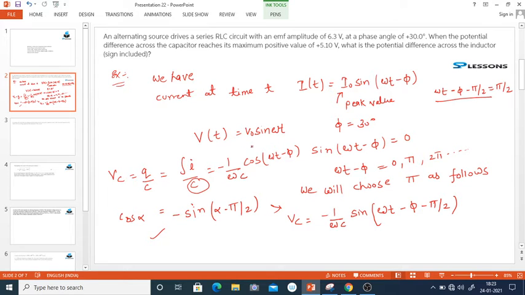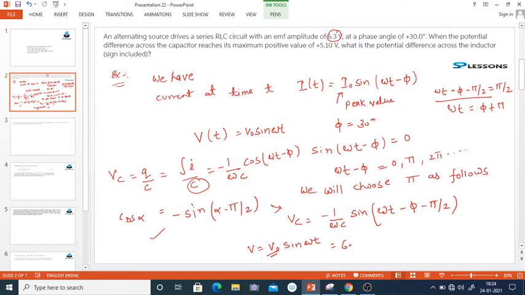Okay, so in multiples of 2 pi, we can write omega t, which is equals to phi plus pi by 2 plus pi by 2, which is equals to pi, or any multiple of 2 pi. So we can write V equals to V naught sine omega t, and we have V naught, the EMF amplitude or peak value of EMF, which is equals to 6.3.